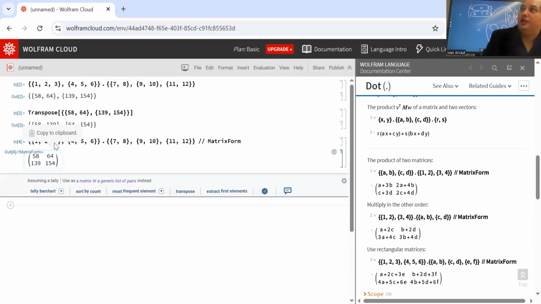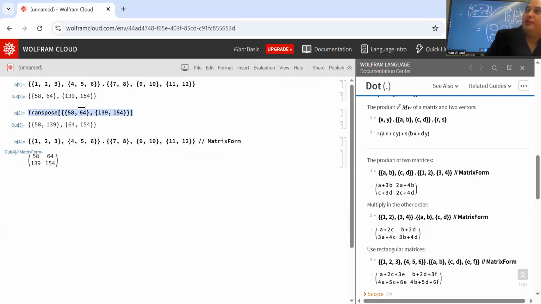Well, this is the matrix notation of this. But actually, I already did the transpose. It's doing the transpose. I didn't want to make the transpose. Well, anyway, the point is that the final result is not right because it did the transpose.